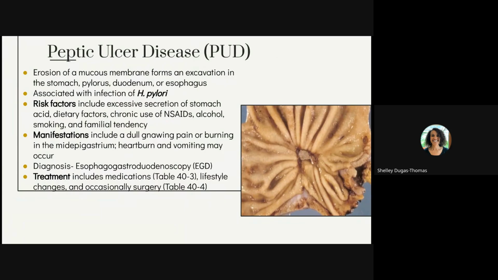The risk factors include excessive acid secretion, certain diets, chronic NSAID use, alcohol, smoking, and family history. Symptoms usually include the dull, gnawing, or burning mid-epigastric pain with possible heartburn and vomiting. Diagnosis is confirmed through an EGD, and treatment involves medications, lifestyle modifications, and sometimes surgery.